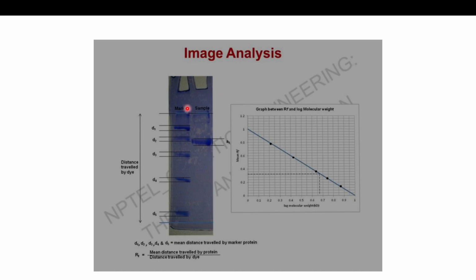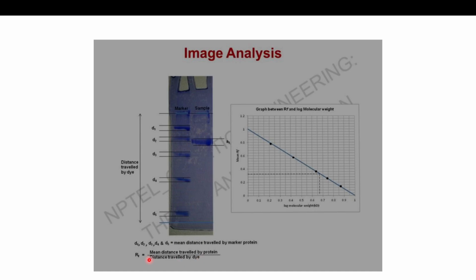In the case of protein, there is a standard marker having different molecular weights. This is the marker protein having different types of protein fragments or peptide fragments of different sizes.